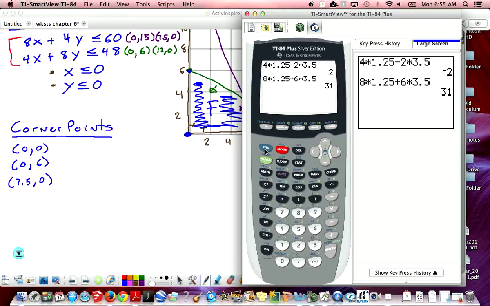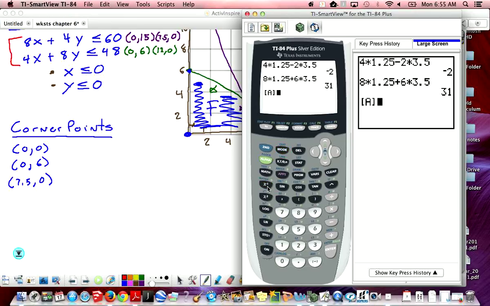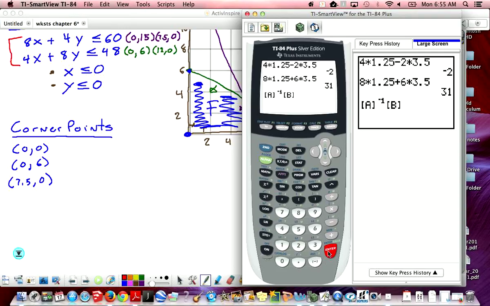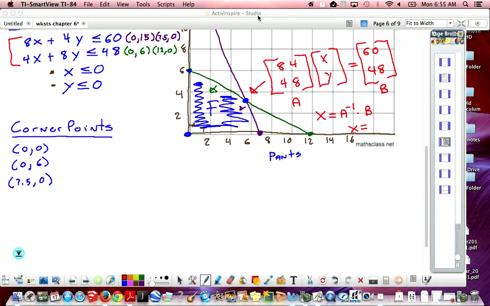So now I can go matrix A inverse times matrix B. Now it gives me my intersection point of 6, 3. So this actually intersects, if it was drawn a little bit better, would have been over just a little bit more. 6, 3 seems to make pretty decent sense there. So my last point intersected at 6, 3.